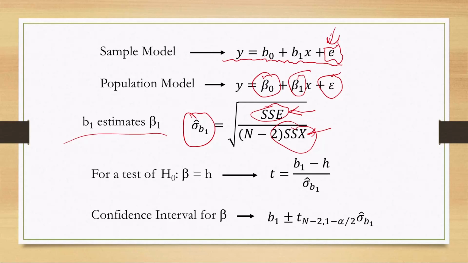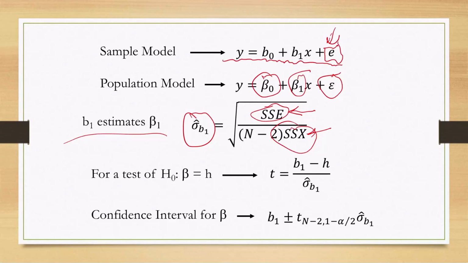Okay, so with a small standard error of the slope, we'll be able to have a narrower confidence interval or a higher possibility that we'll be able to reject a null hypothesis. Now we can go ahead and test a hypothesis.